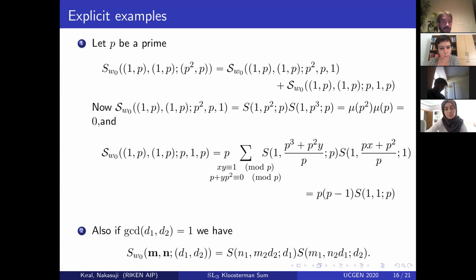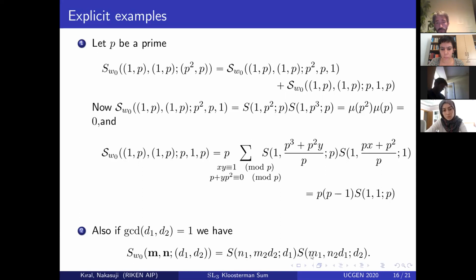Here's another example, and this is quite nice. It simplifies quite a bit when the only choice of f is 1. So when d1 and d2 have GCD 1, the only choice of f is 1. By the way, this particular example was already known, but I wanted to include it because, while this last line is not new, it shows the structure of things a little bit better.